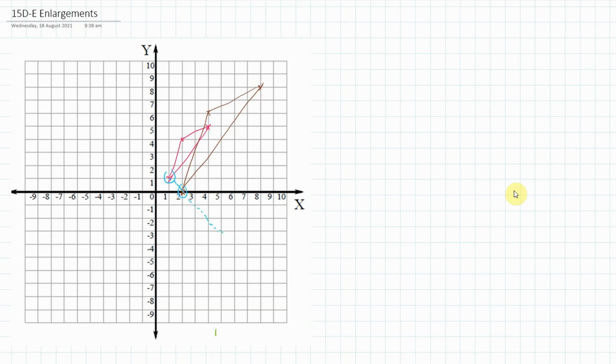Now it'll be easier for you because you'll have a ruler, and it's a bit harder on a computer screen to show this, but I'm drawing a relatively straight line through there, like so.